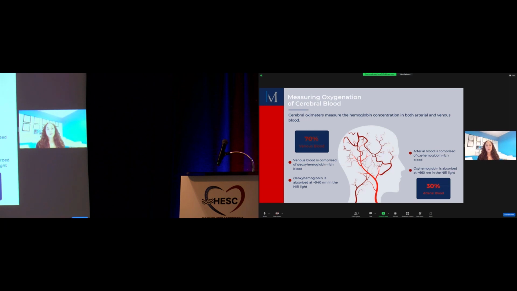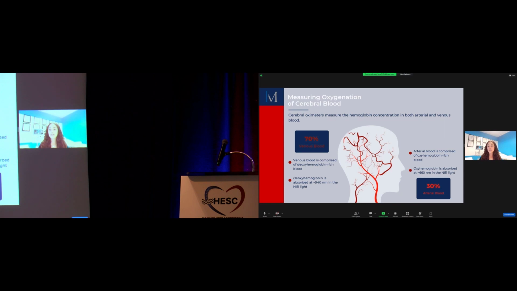All right, so to measure oxygenation in the cerebral blood, what we're really looking at is the hemoglobin concentration in both the arterial and the venous blood. So the blood in the cerebral tissue is comprised of 70% venous blood and 30% arterial blood.